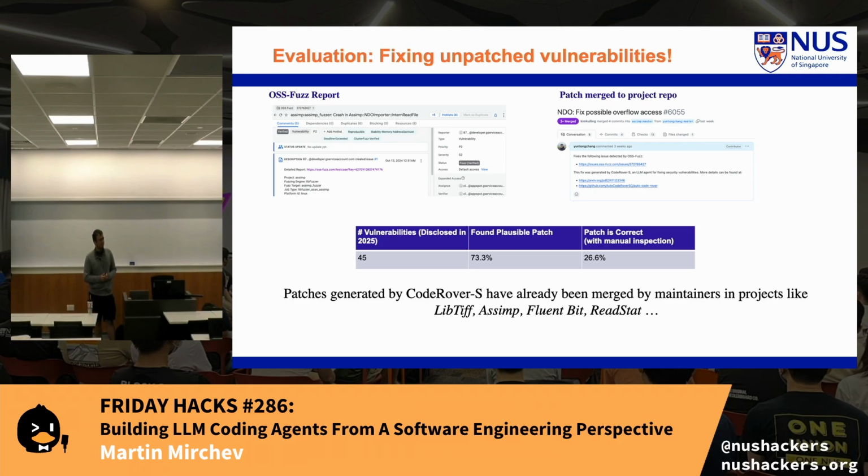Yes? How does AutoCodeRover compare with current solutions like Claude Code, Codex? Okay, we're talking about GPT Codex, just to put it into context, because there are multiple products with that name. AutoCodeRover is really focused on issue resolution, so it's specifically made for generating patches or modifications.